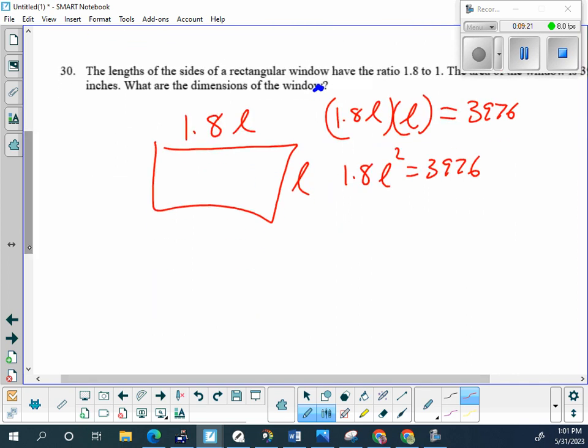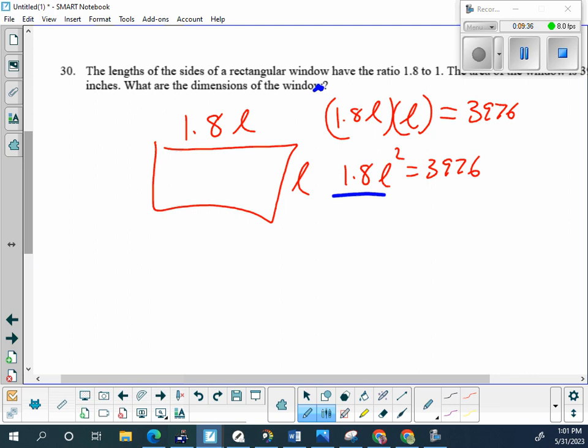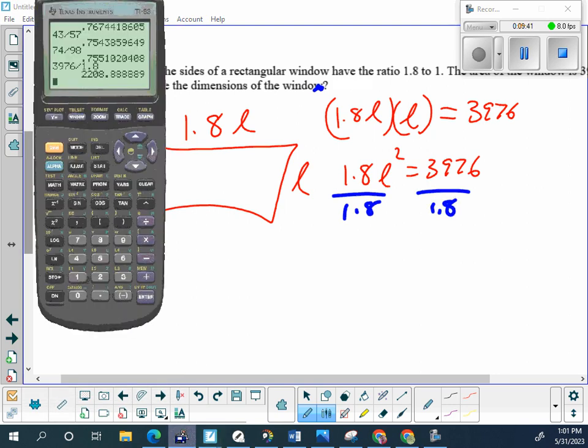I'm going to divide both sides by 1.8. 3976 divided by 1.8 gets me 2208, and I'm going to take the square root of that. I leave that on my calculator, take the square root of the answer, and I get 46.9, which is about 47.